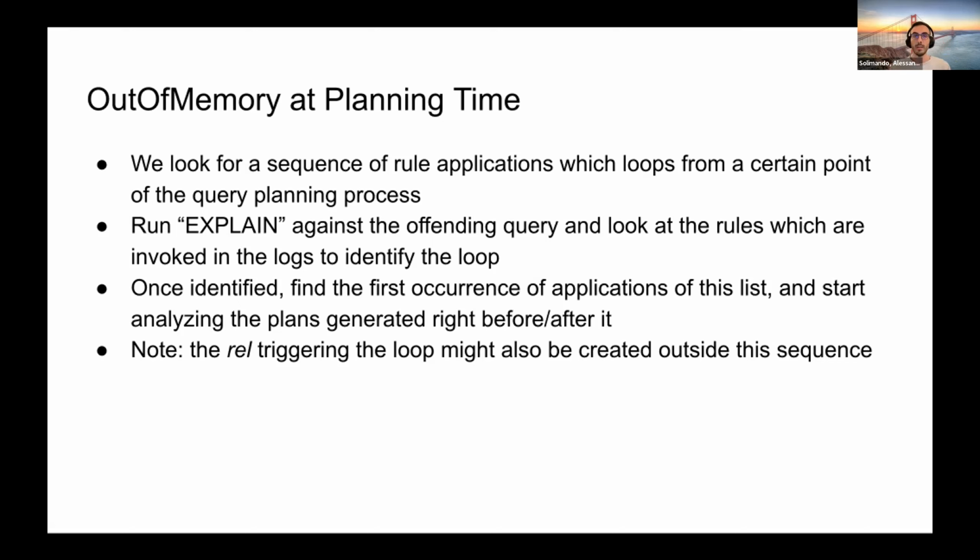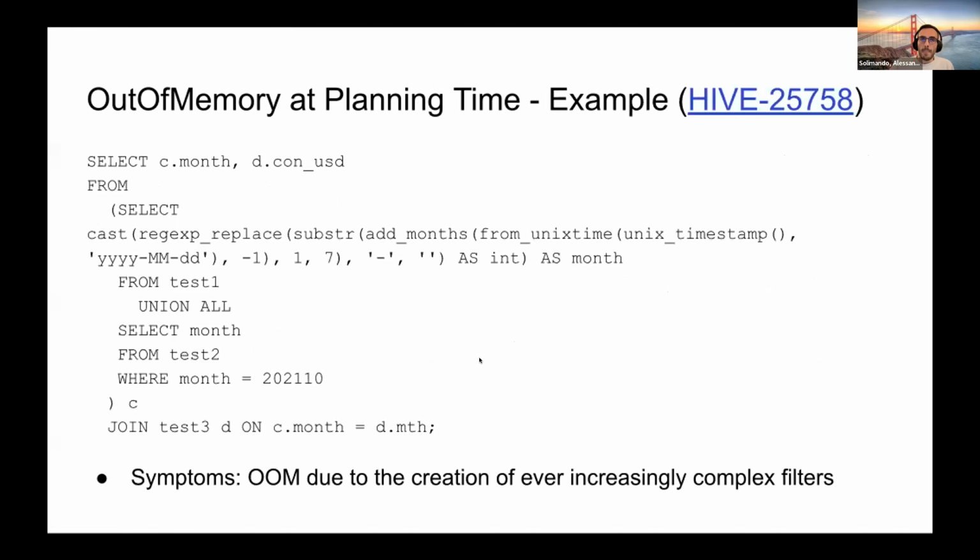A note to this is that the rel triggering the loop and the plan that is causing this issue might have been created outside the sequence. So the symptoms might appear here, but the real root cause could be elsewhere. We will see an example coming from a Hive ticket.